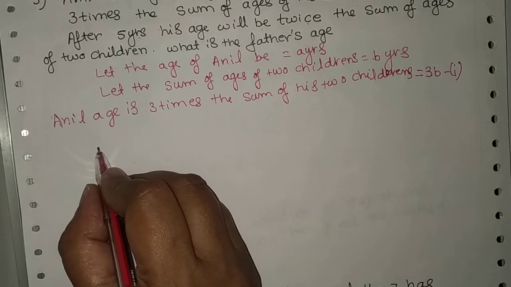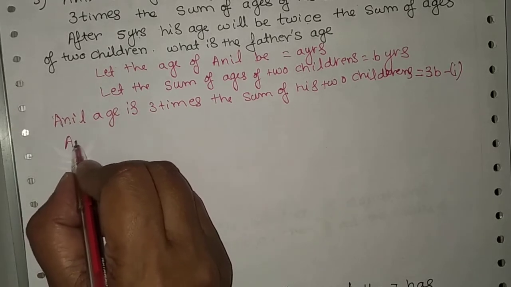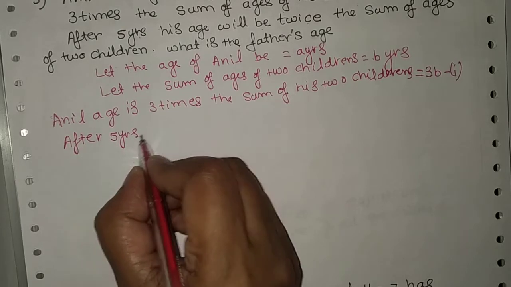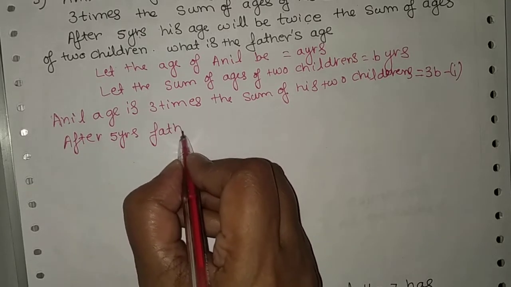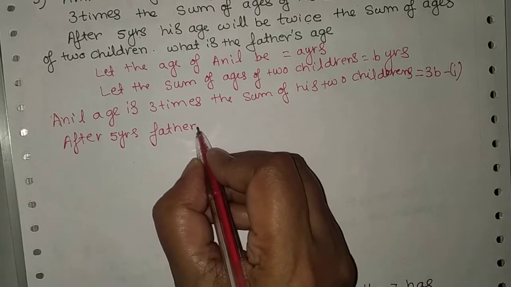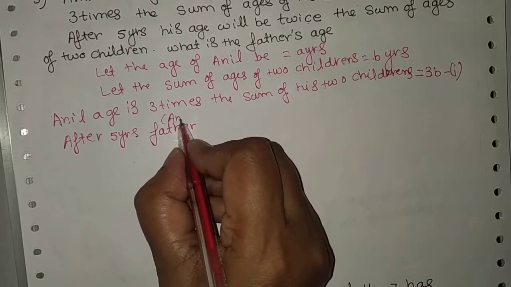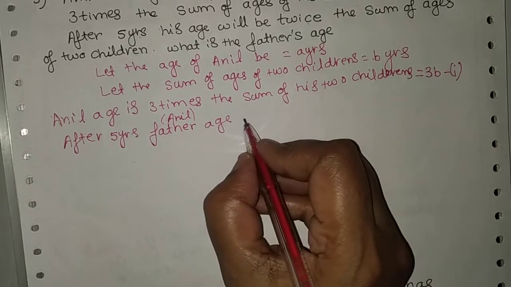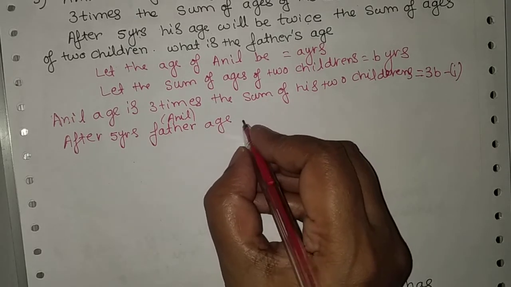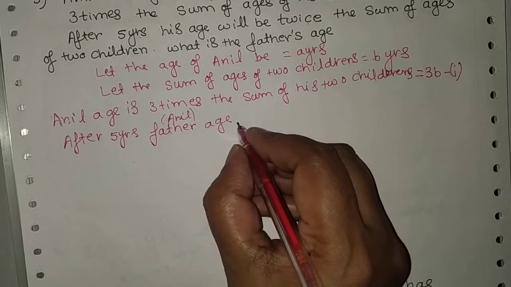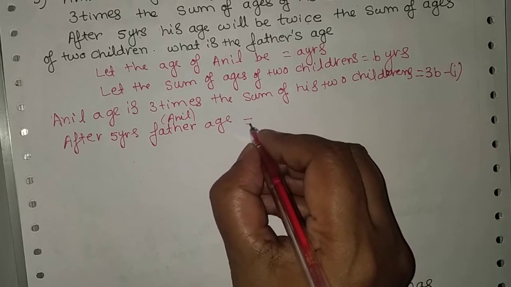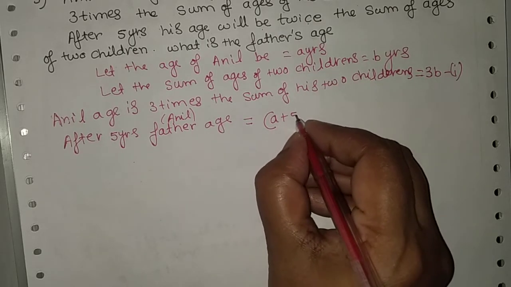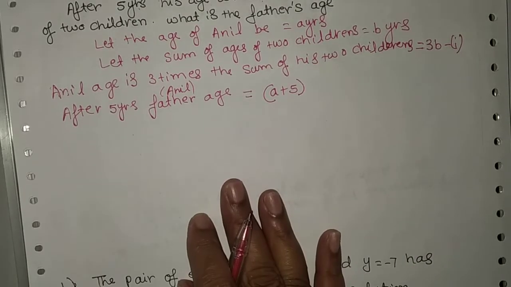So next, after this, we have to write after 5 years. This is also the next statement given in the question. Father's age, that is Anil's age after 5 years will become A plus 5.